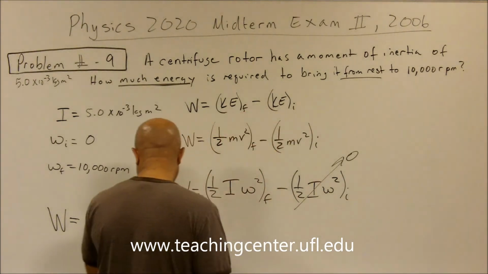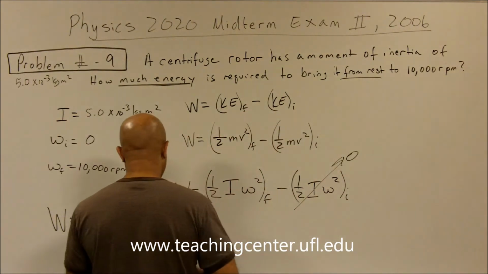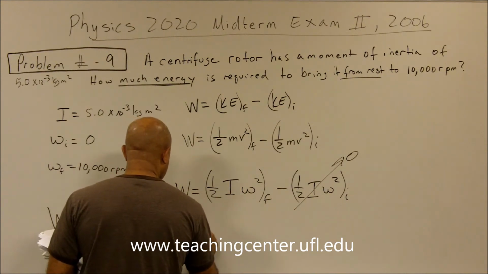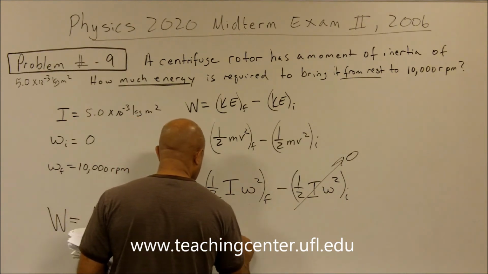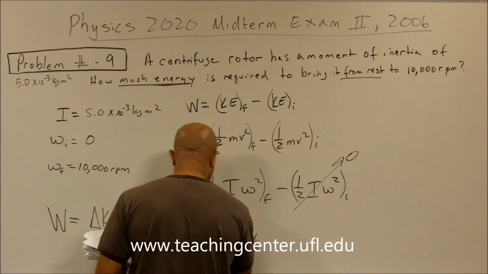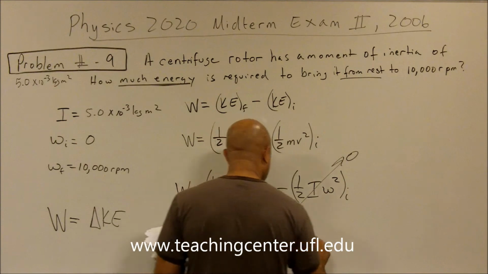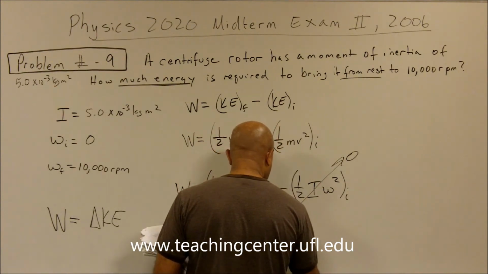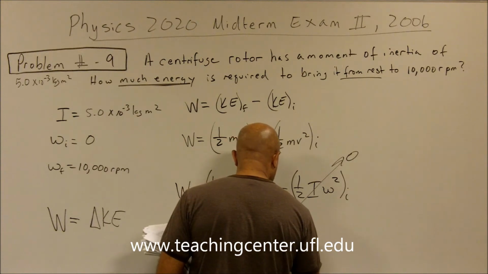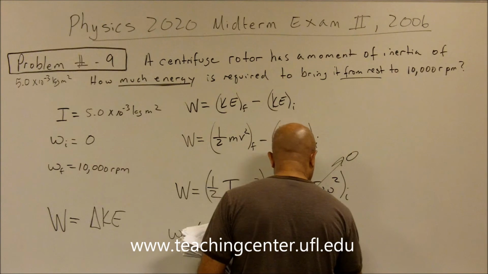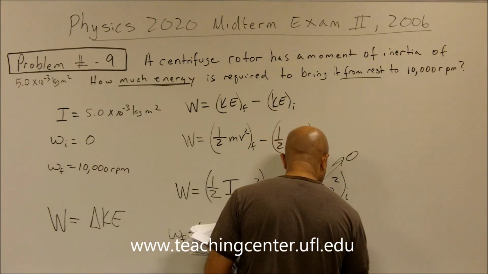So we can do that simply by saying that the angular velocity is 10,000 revolutions per minute, and we know that in 1 minute there are 60 seconds, and we know that in 1 revolution there is 2 pi radians.